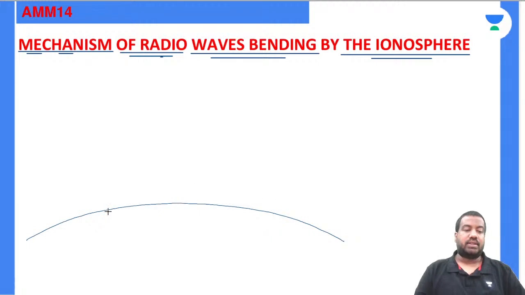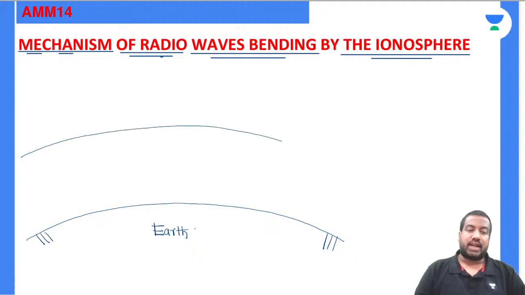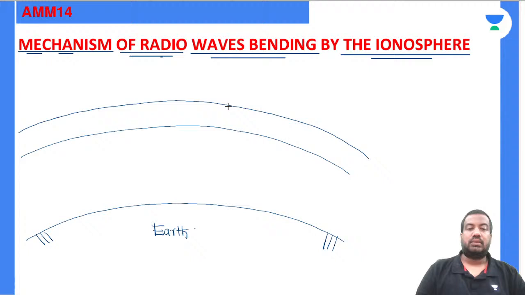There's a curvature of the Earth's surface. This is the ionosphere. As you know, it starts with the D layer or the D region, starting at 50 kilometers.